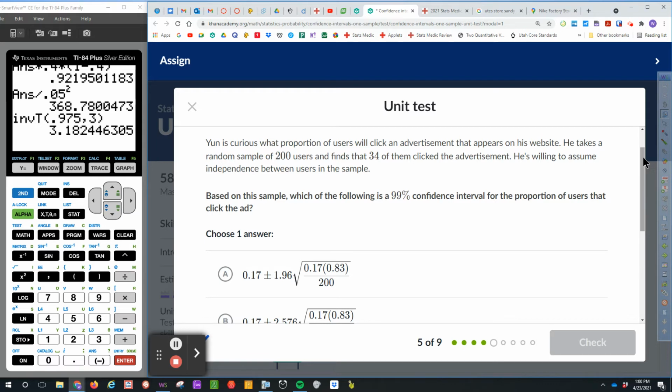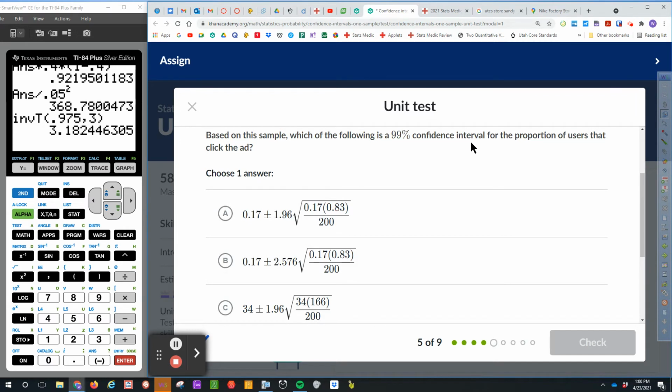He takes a random sample of 200 users and finds that 34 of them click the advertisements. He is willing to assume independence between users in the sample.